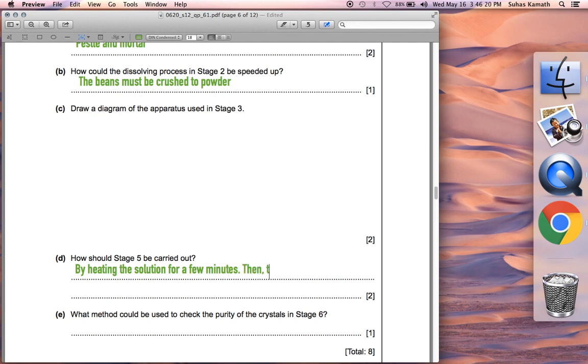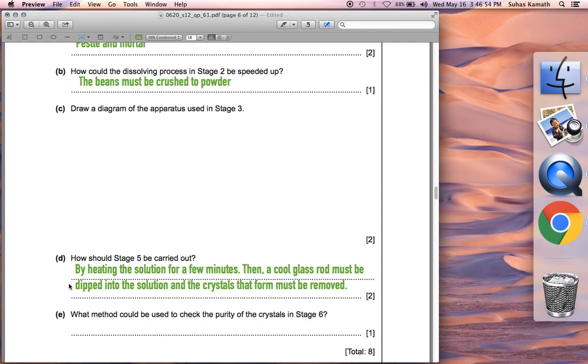Then a cool glass rod must be dipped into the solution, and the crystals that form must be removed.